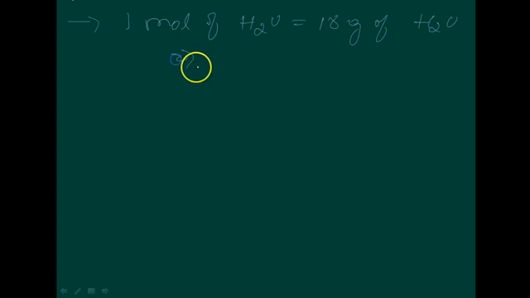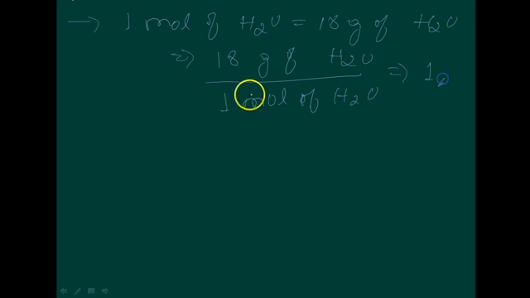We know 1 mole of water is equal to 18 gram of water, correct? So 18 gram of water divided by 1 mole of water gives 1, both are the same, 18 gram of water and 1 mole of water.